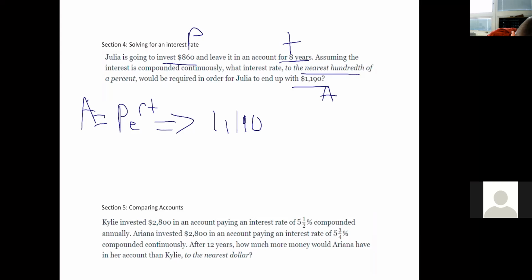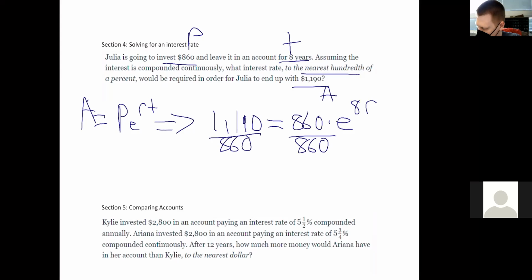So we'd have 1,190 equals 860 times E up to the 8R, because we don't know what our rate is. We know what the time is. So we want to solve for this R. So the first thing you want to do is divide this 860 out of the way. So 1,190 divided by 860.